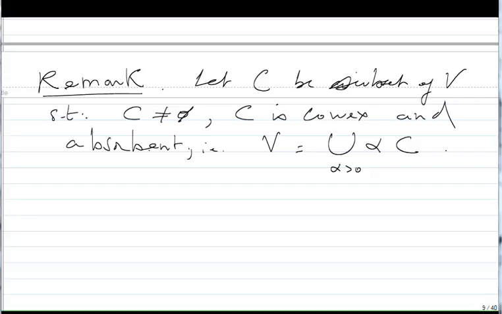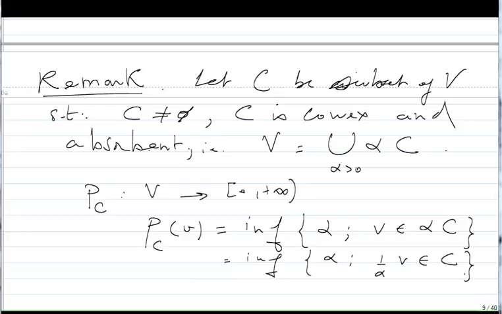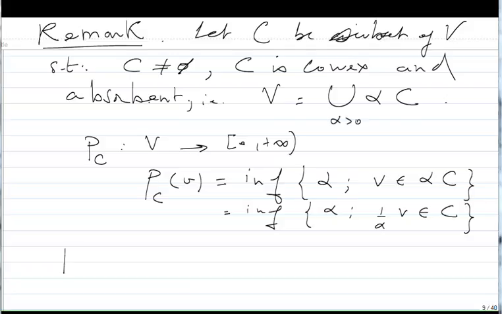Then we can consider the function PC defined from V into 0 to plus infinity, such that PC of little v equals the infimum of alpha such that v belongs to alpha C, which is exactly the same as the infimum of alpha such that 1 over alpha times v belongs to C. So PC will satisfy properties 1 and 3.